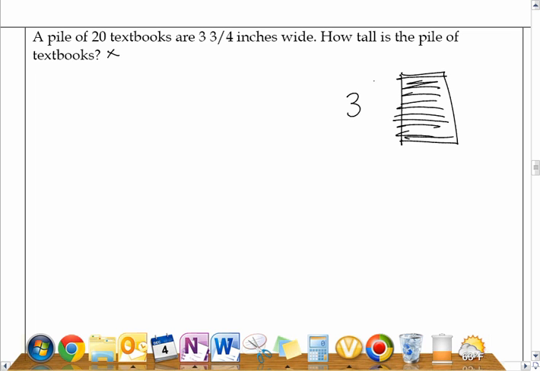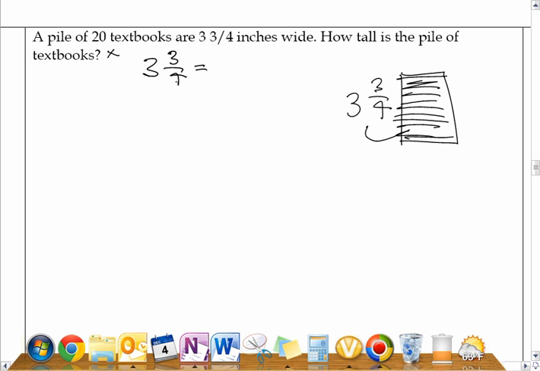Each one is 3 3/4 inches wide. So in order to find out how tall they all are together, we've got to multiply 3 3/4 times 20.